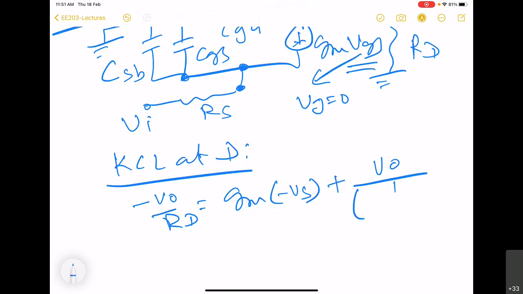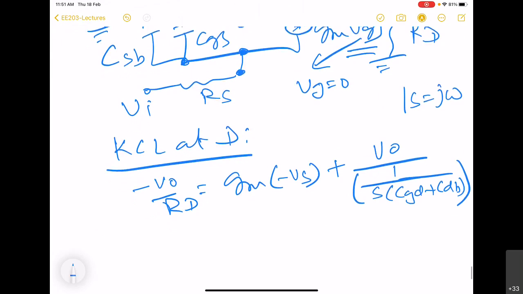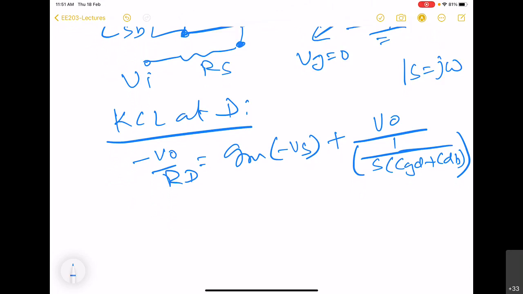So I can write directly its value as (CGD plus CDB) in terms of s, where s is j omega. Right. So we have unknown Vs.